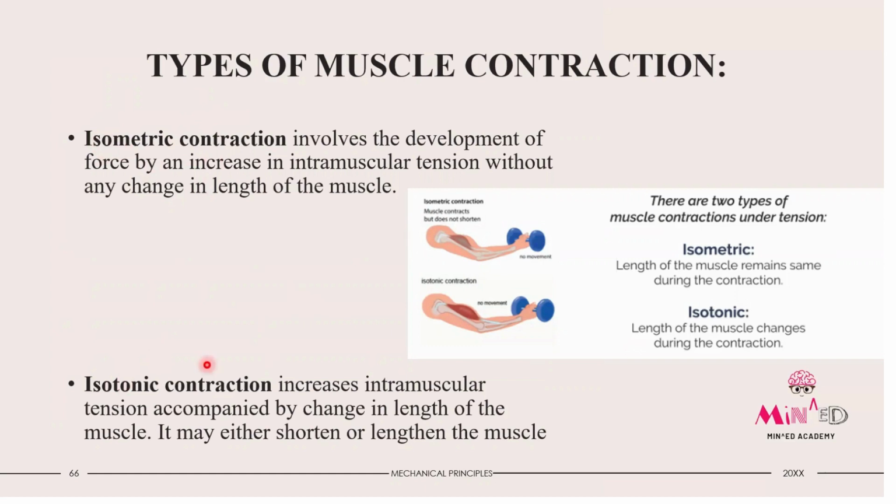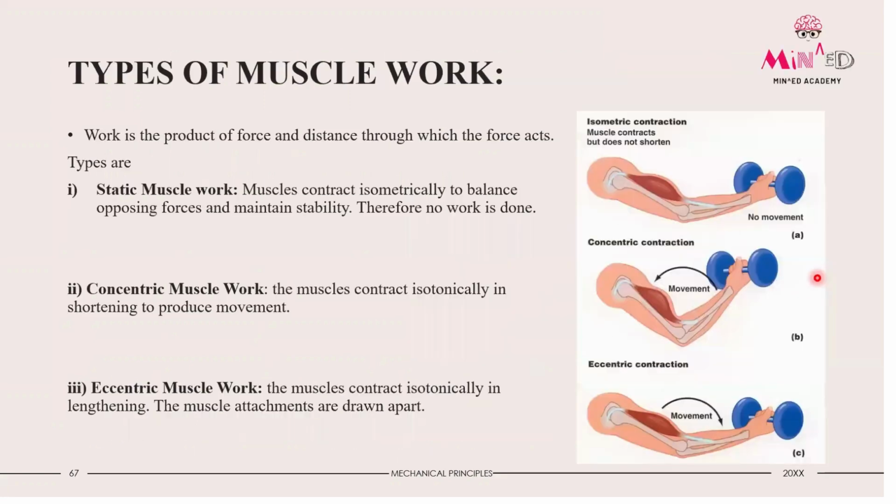It increases the intramuscular tension accompanied by a change in length. Here the length will change, but the tone will remain the same. It may either shorten or lengthen. So in isometric, the length of the muscle remains the same throughout the contraction, and in isotonic, the length of the muscle changes during the contraction.